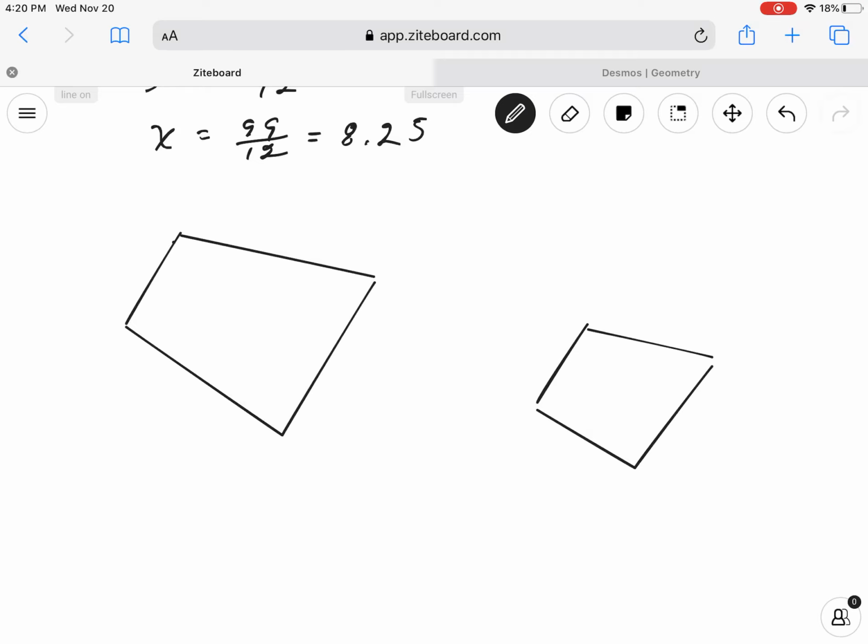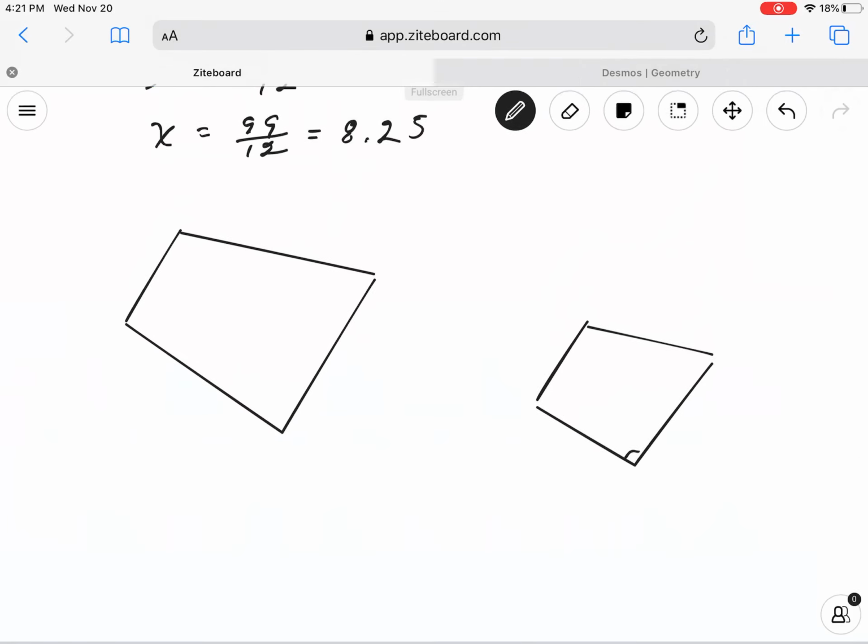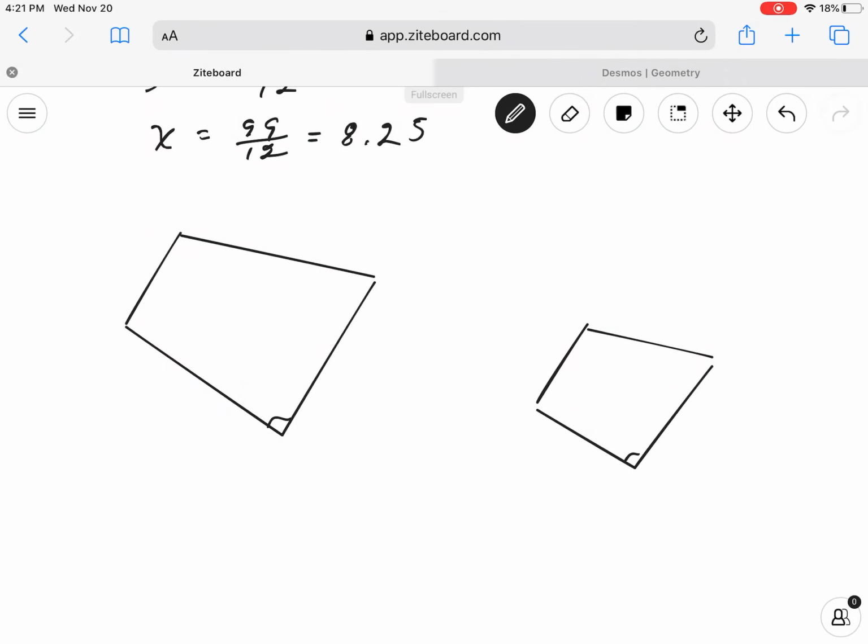And I know that they're similar because my angles are congruent. So this angle is congruent to this angle, and then I have these two angles that are congruent.